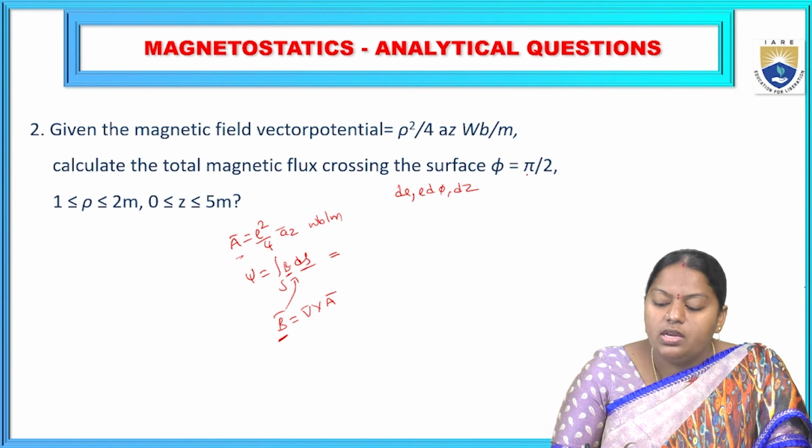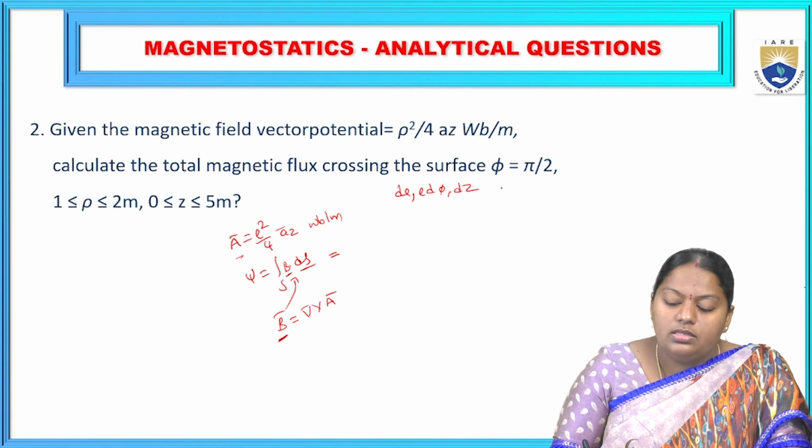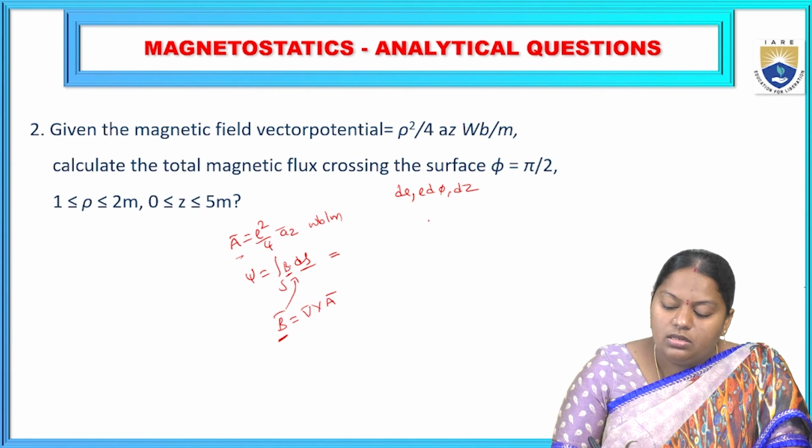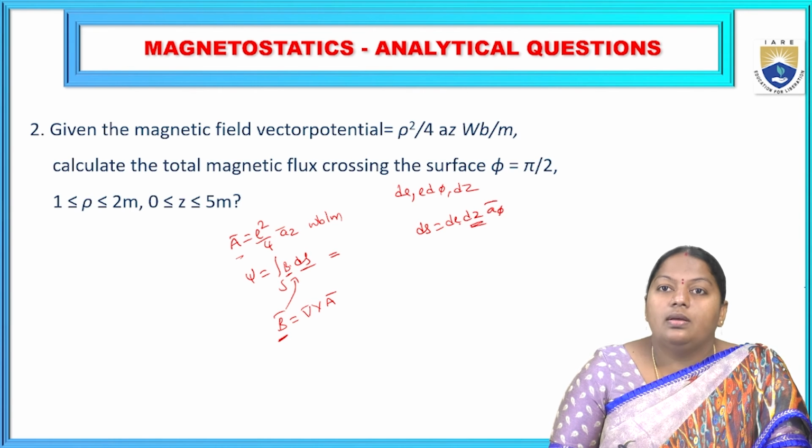Why? Because the plane phi equal to pi by 2 is given, which means in the phi direction we are supposed to write the equation for ds. So the formula for ds is d rho dz into a_phi.